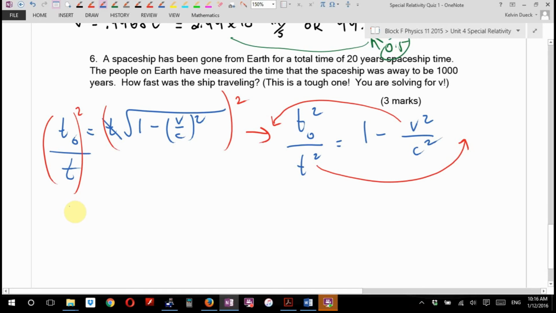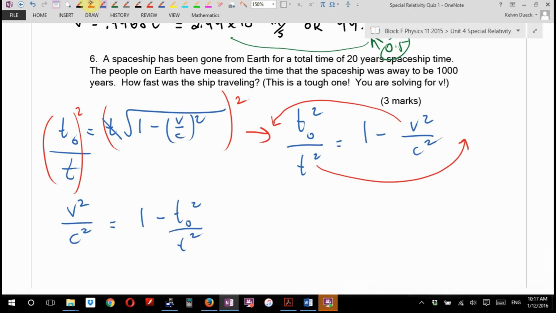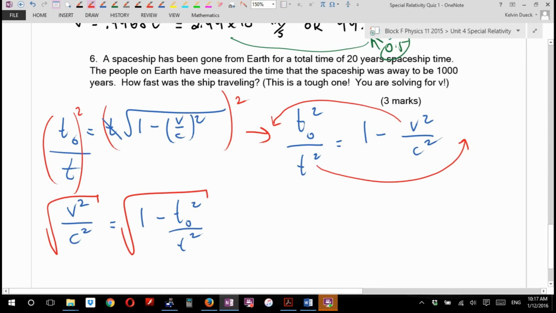You're going to get V squared over C squared equals 1 minus T0 squared over T squared. You're going to get V over C equals the square root of 1 minus T0 squared over T squared.